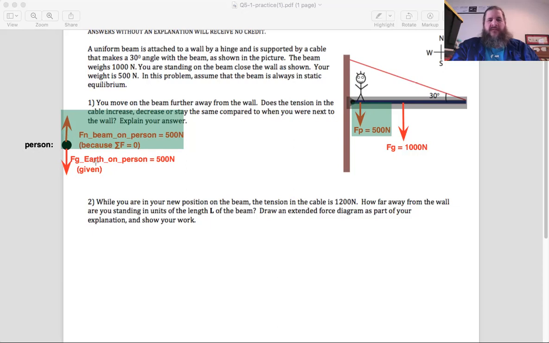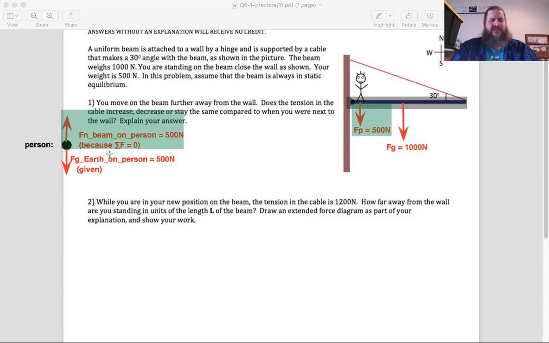So the free body diagram for the person is not really necessary as part of this problem, but it can be useful for figuring out why the person has to exert a force on the beam and how much and in which direction. If the whole situation was accelerating, then that would make a difference. We would have these forces not add up to 0. Instead, what would they have to add up to?